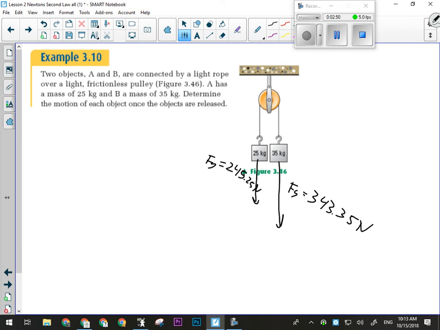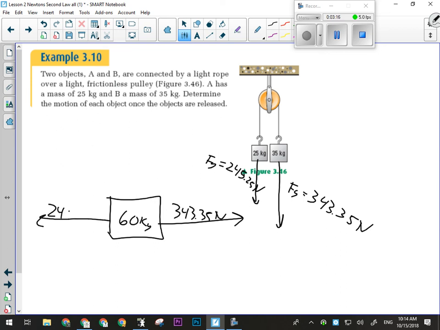At this point, I want to simplify this diagram. Those are the only two forces involved, and I'm trying to find the acceleration of the system. How much mass is in this system? 60 kilograms. So I'm going to draw the system: 60 kilograms being pulled this direction by 343.35 newtons, and this way by 245.25 newtons.